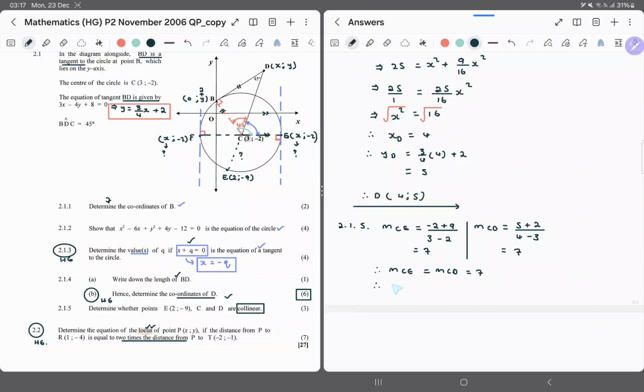Therefore, points E, C, and D are collinear. Nice.